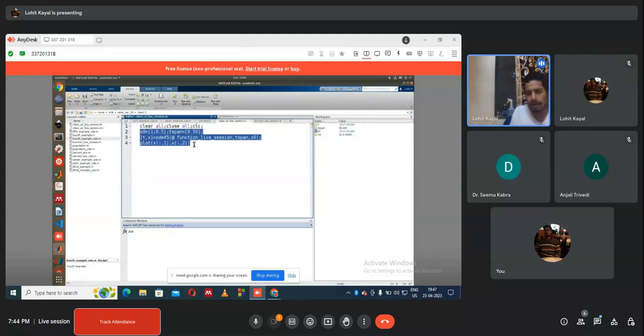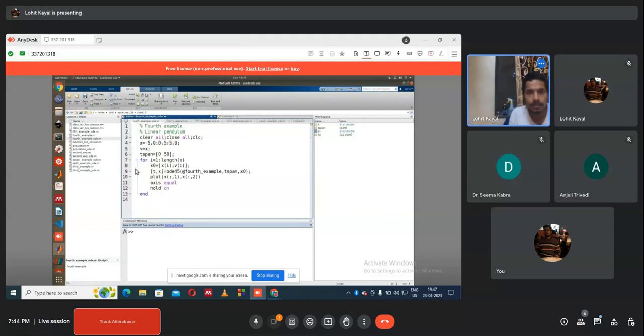I don't have much time, so let me just directly copy paste it from this. I will tell you what I have done. This fourth example is exactly the same function.